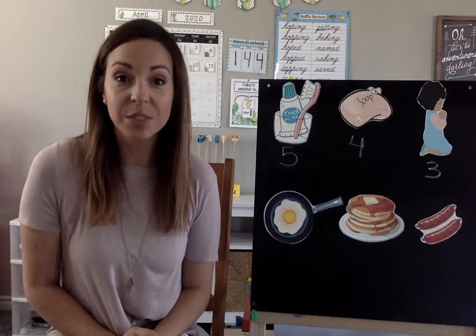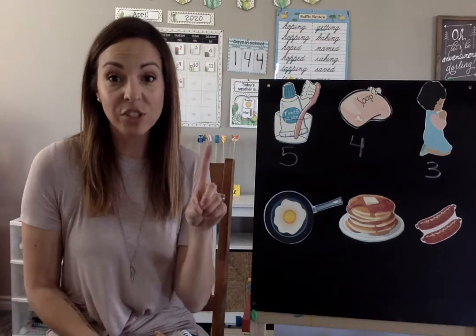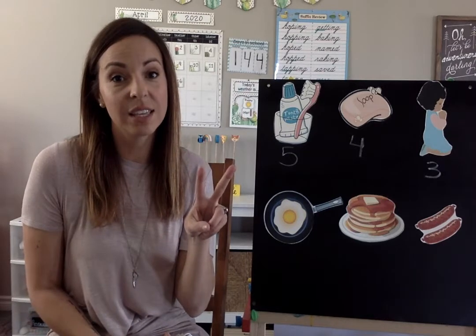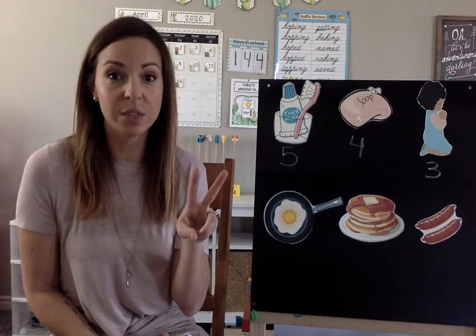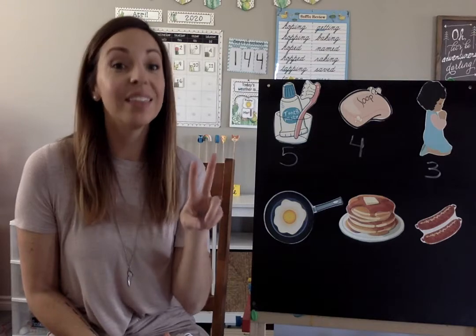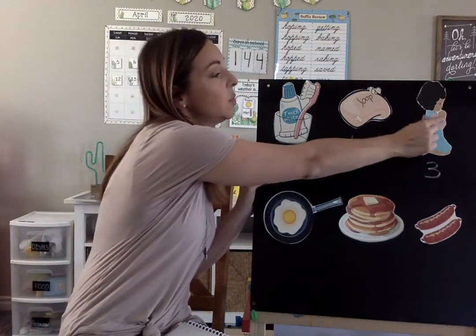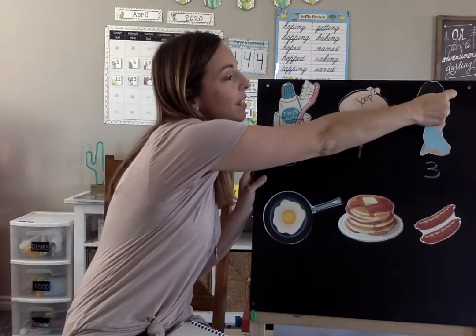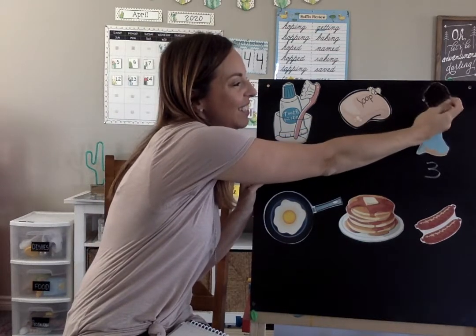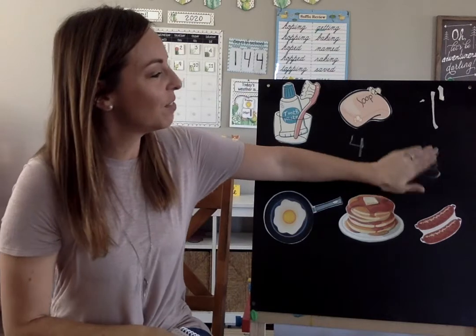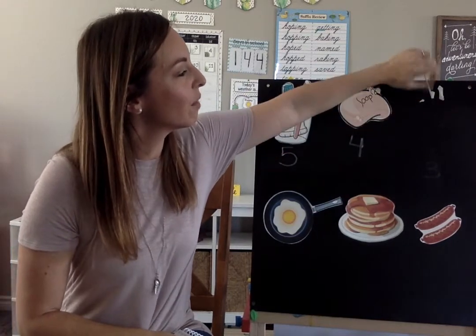Okay, so what fact was not needed? They asked about brushing teeth and washing face. So what did we not need for this story problem? That's right, we didn't need to know how much time she spent praying. So we're going to take, oh no, I ripped Tanya. All right, we're going to take Tanya off of there. And we're going to write our combination.